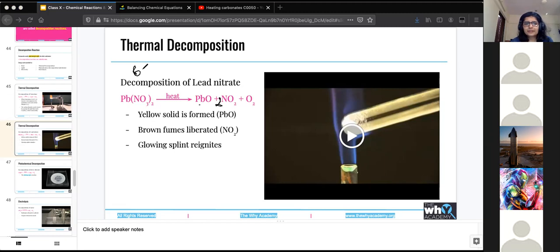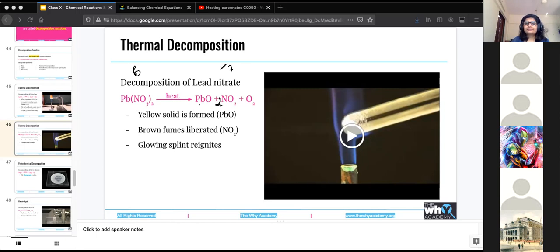6. And how many oxygens over here? 7. 2 twos are 4 plus 2 is 6 plus 1 is 7, है ना? 7. So usually when there is one side odd number, one side even number. Ma'am, we can put two on the left hand side. Yeah.